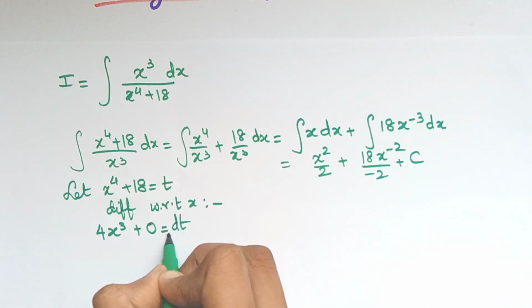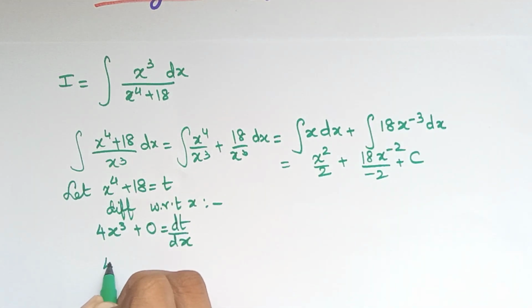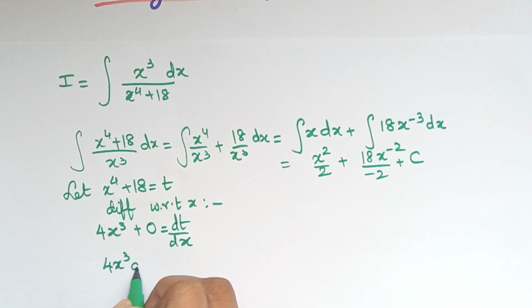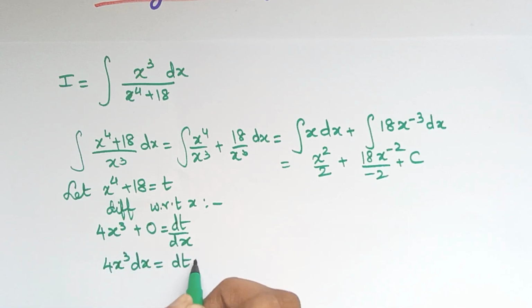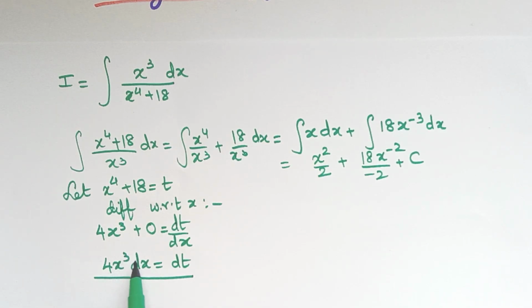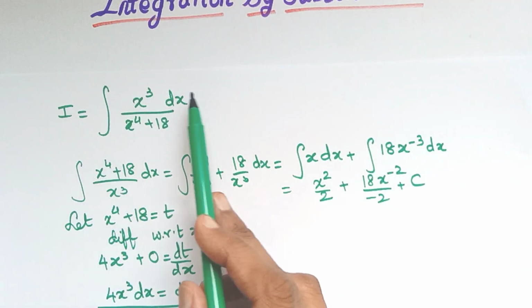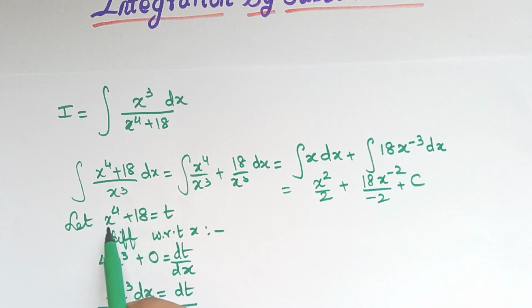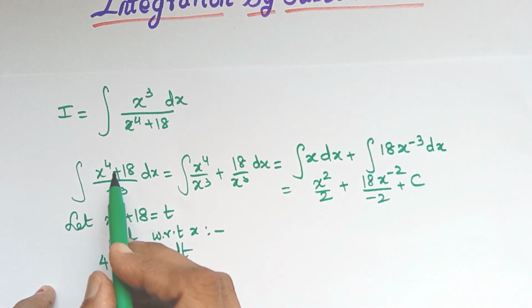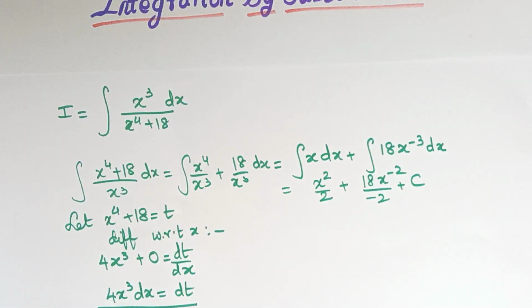Let me bring the dx to this side. Now did you notice, friends, that x cube dx is already over here? That's why we chose x raised to 4 plus 18 as t, because when we differentiated this, we got the remaining expression in the question.